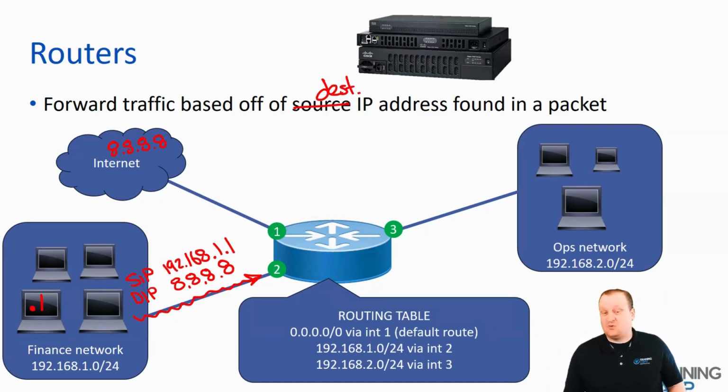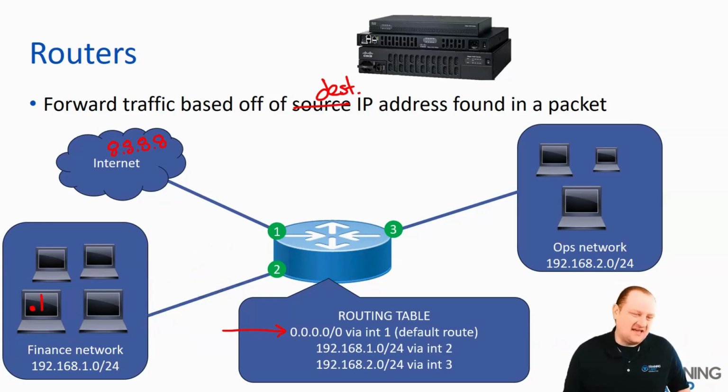Notably, if a router doesn't know what to do, I suggested that earlier with a switch. Switch doesn't know what to do. What does it do? It sends to everybody. Routers don't handle it that way. They go, I don't know what to do. I'll delete it. So it's very important to have this default path that says, when in doubt, go this way. Because otherwise, if we didn't have that little path programmed into the table, the router would delete your traffic instead.